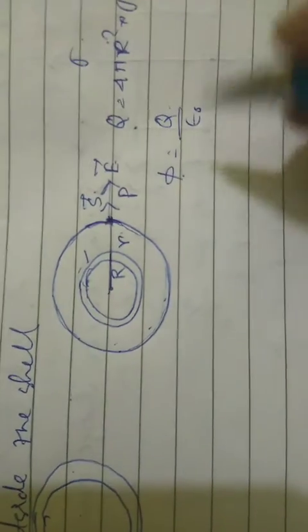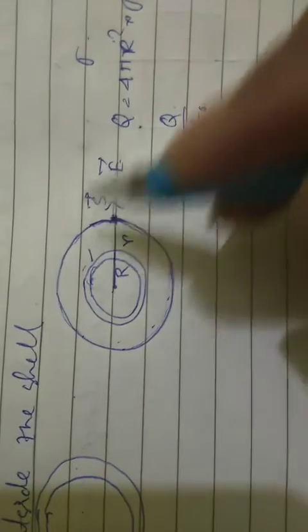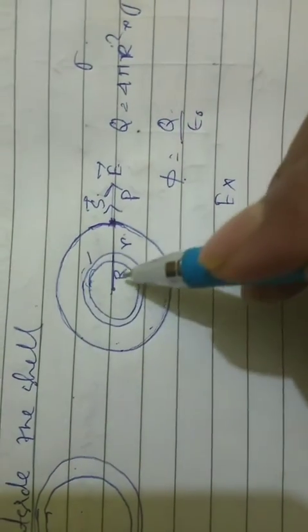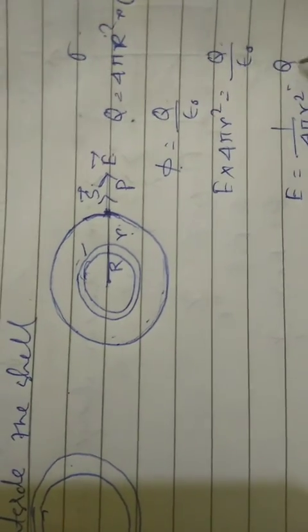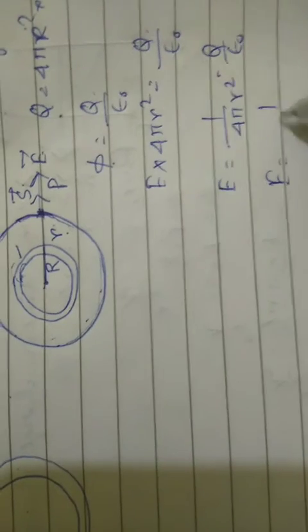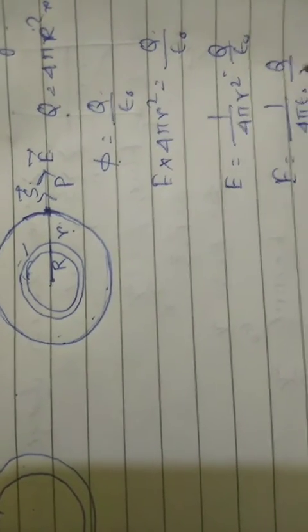So you can easily write phi equals E times the area of this Gaussian surface, which is 4 pi r square, equals Q by epsilon naught. So E will be equal to 1 by 4 pi r square times Q by epsilon naught. Just rearranging a little bit, you can write 1 by 4 pi epsilon naught Q by r square.